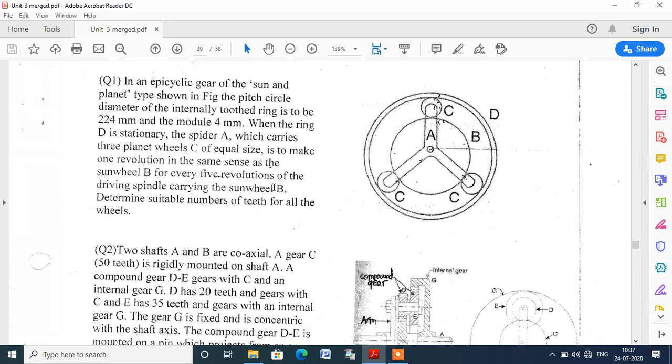This condition is given, and you have to use this condition to solve the problem.